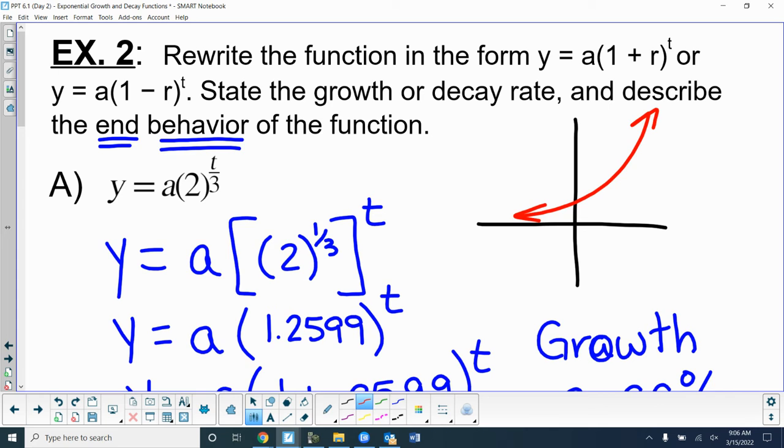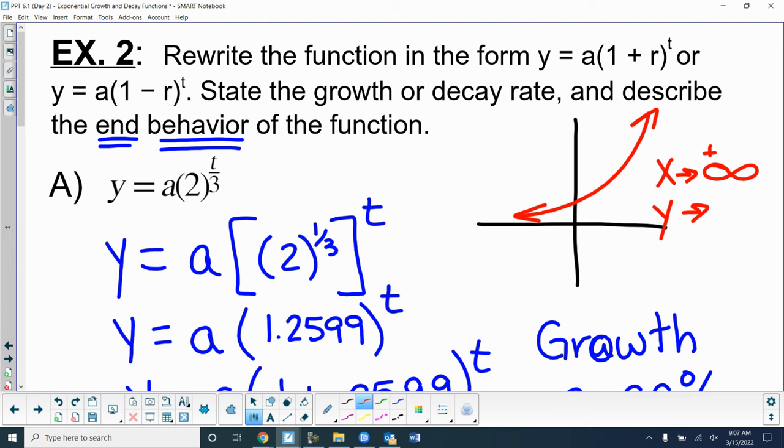So what's the end behavior of this graph? What's happening over here? So x goes towards infinity. What's y doing? As x goes towards positive infinity, is it going up? Yeah, going up.